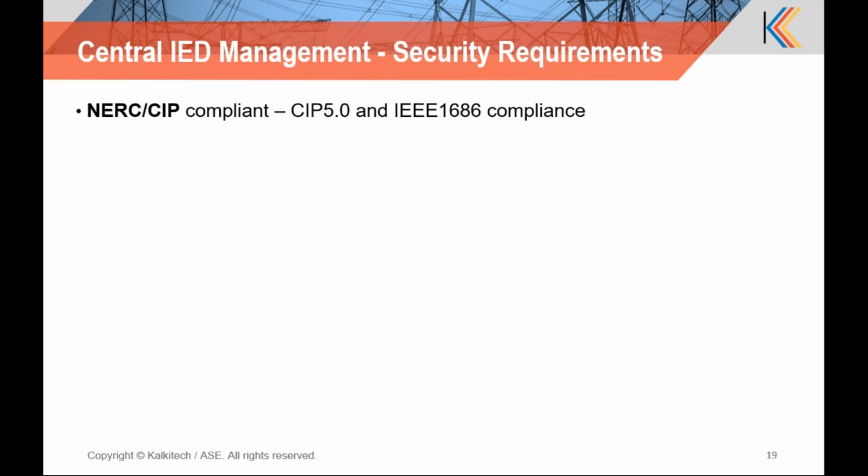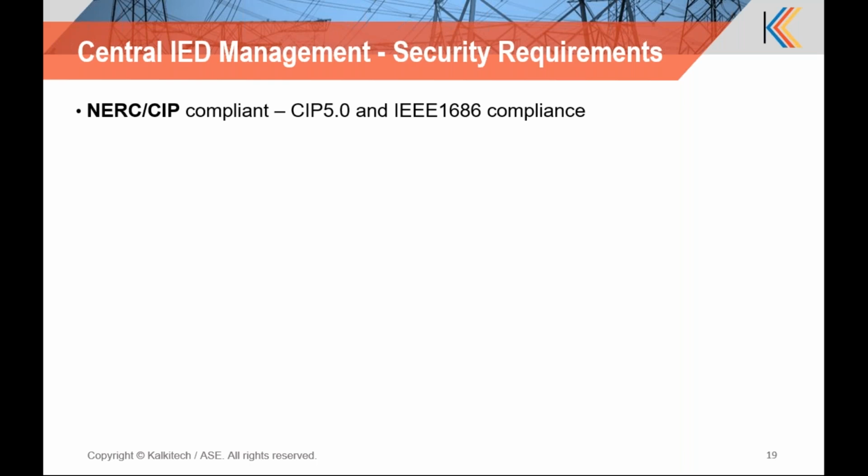Then moving on to security requirements. This is very key in the system, because if some abnormal setting is enabled in the IED or protection relay, there can be problems with the complete network. We recommend NERC CIP 5.0, the critical infrastructure protection standard.